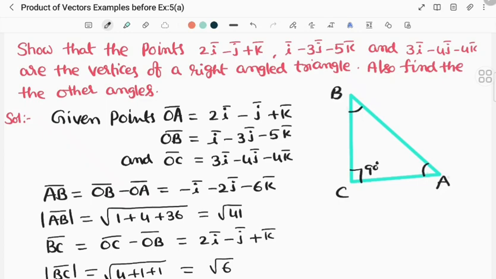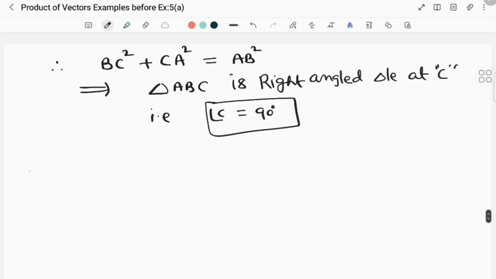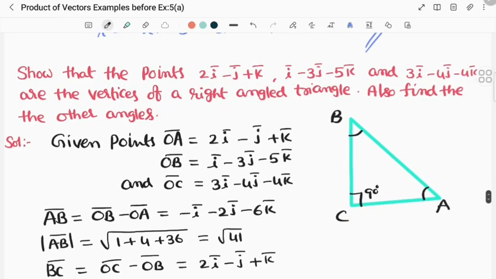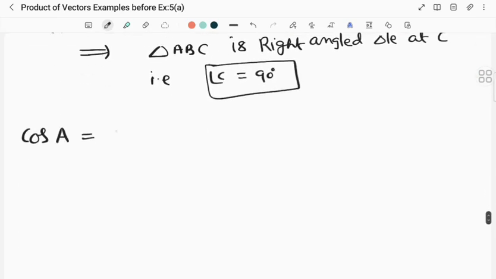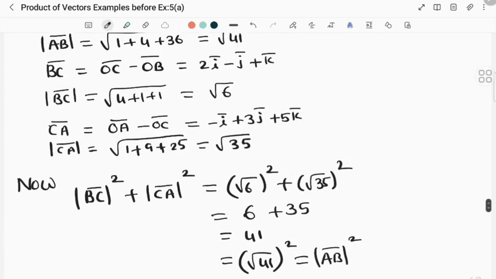So A is the angle between AB bar and AC bar. So cos A equals, from the figure, cos A, the angle between AC and AB. So the dot product of AC and AB by mod AC into mod AB. So what are AC and AB?